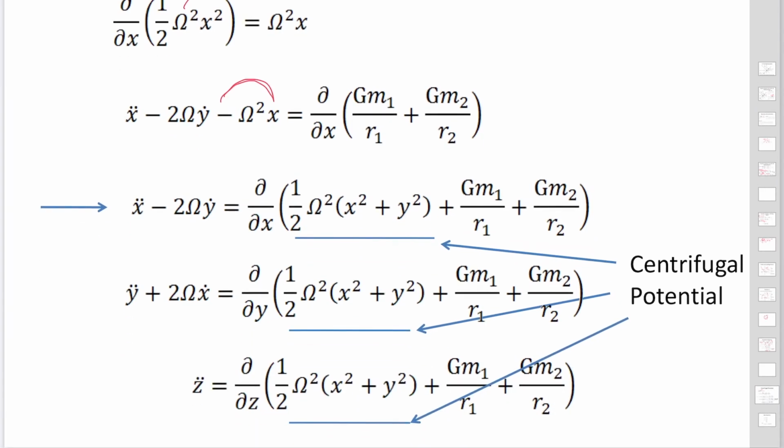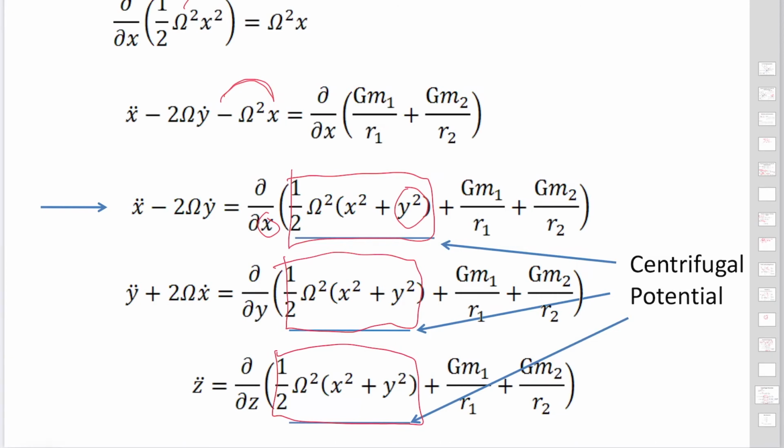We'd like to use the same expression for the centrifugal potential as for the gravitational potential. So we add the y square, but the partial derivative with respect to x becomes 0.